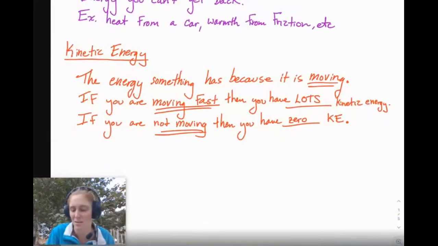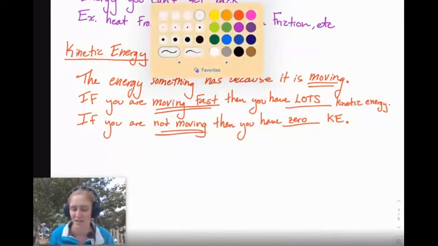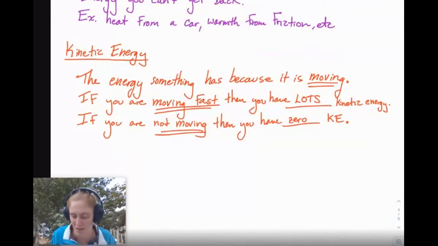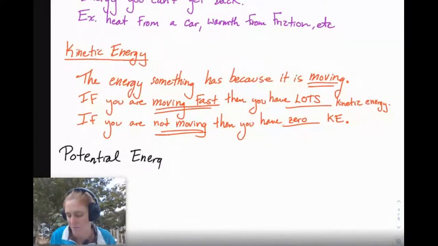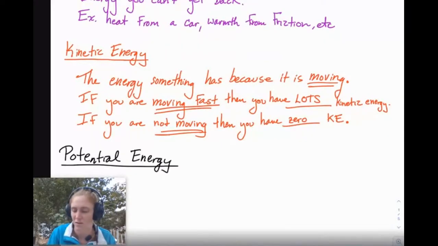All right, the next one that I want to talk about is called chemical potential energy. So we are going to talk about three different kinds of potential energy. The first one I want to talk about is chemical.